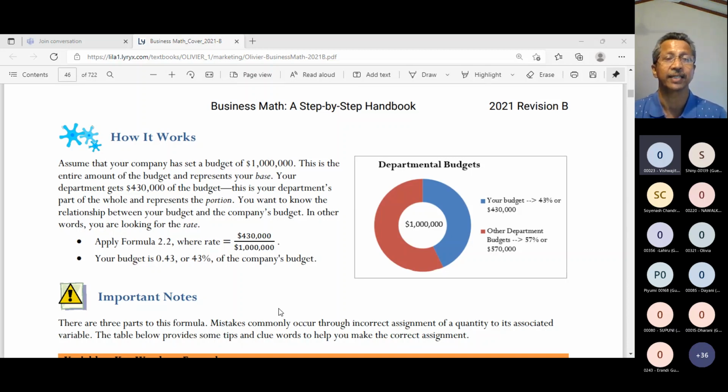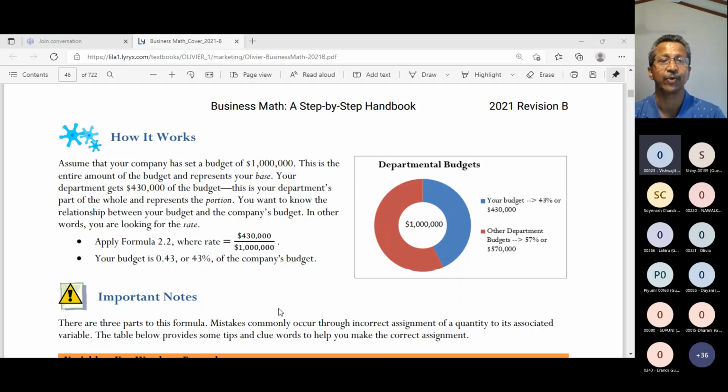Now there are budgets for departments, right? Your company has set a budget of $1 million. This is the entire budget for the company, the amount you can spend. And your department gets $430,000 of the budget. So what is the percentage? You want to know the relationship between your budget and the company's budget.